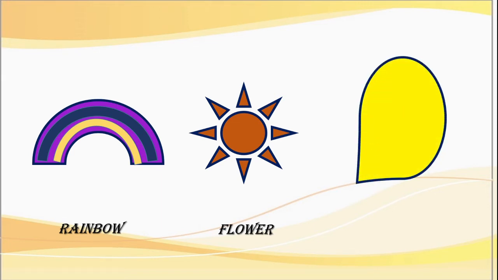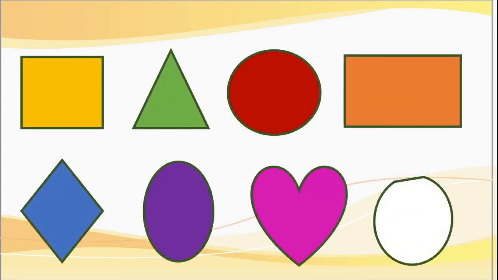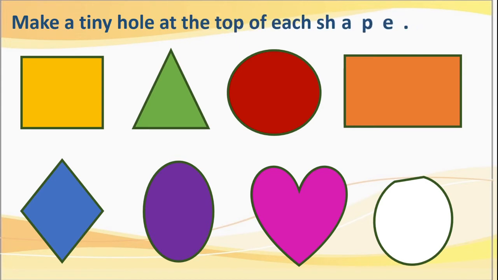This is a mango shape. Now we have finished our fourth step too, that is cutting out the shapes from the chart paper. Next is, what to do now?